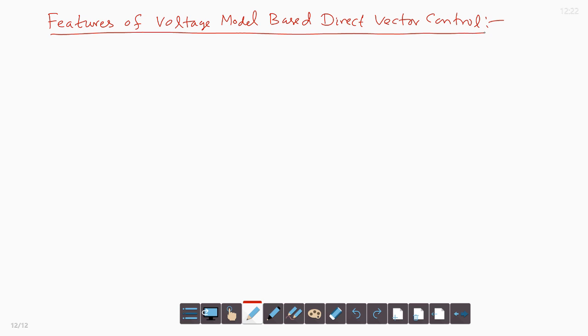Some of the features I will highlight. First of all, 2 voltage sensors and 2 current sensors are used. These are the sensor requirements.